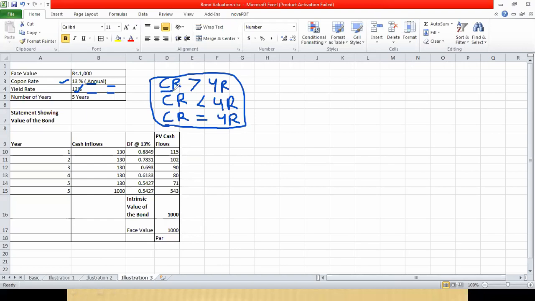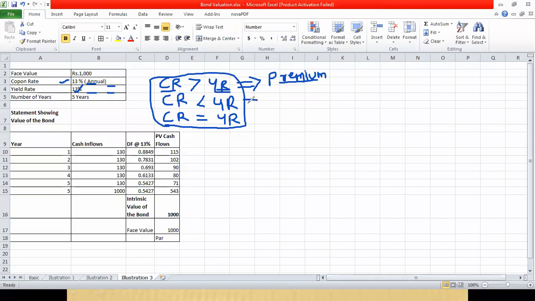If coupon rate is greater than the yield rate, or you can say yield rate is less than the coupon rate, the bond will always be traded at premium.